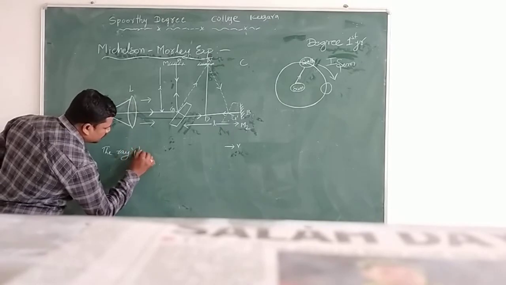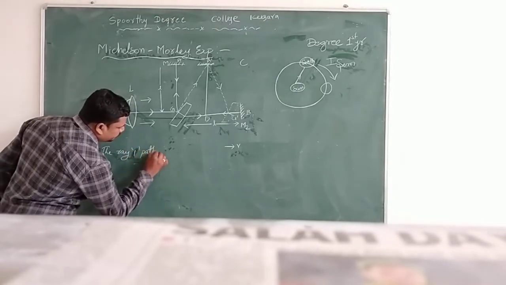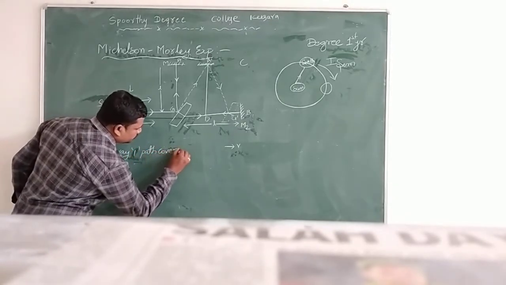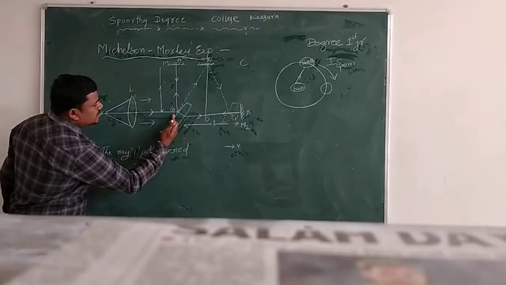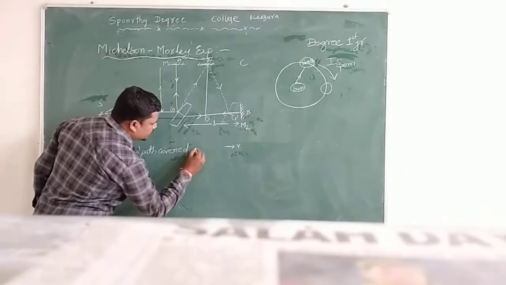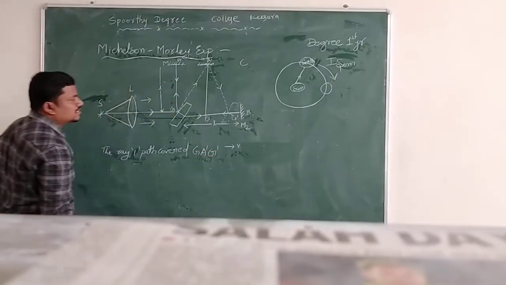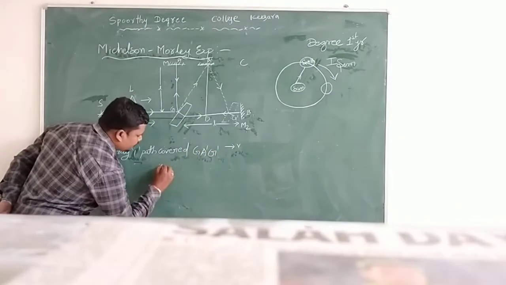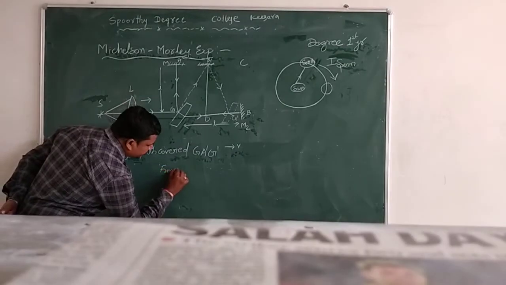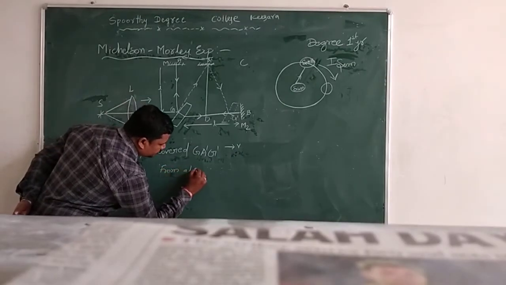The ray 1 path covered is G A dash G dash. Here take one right angle from the above diagram.